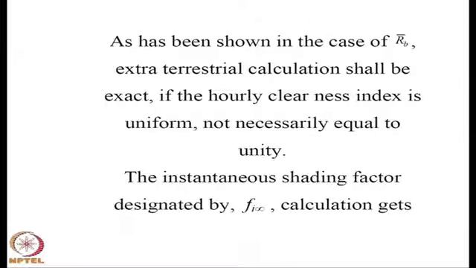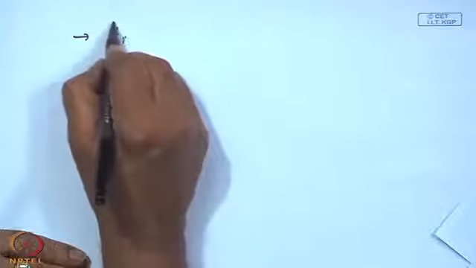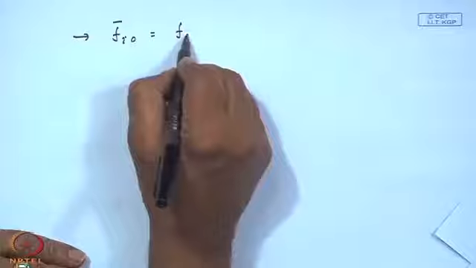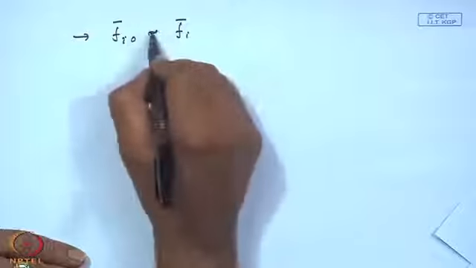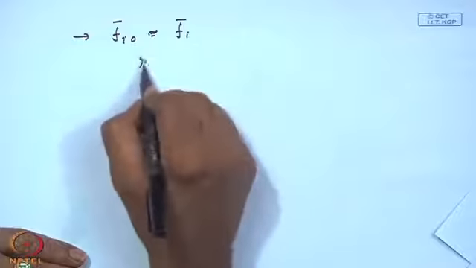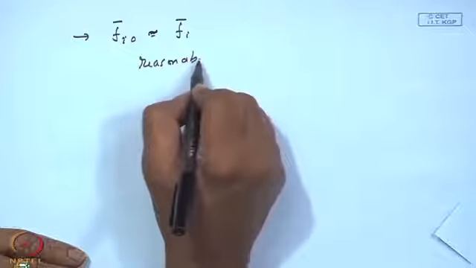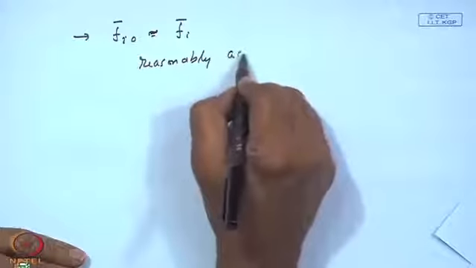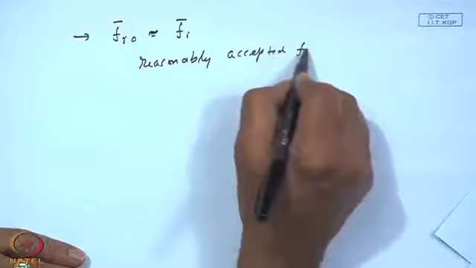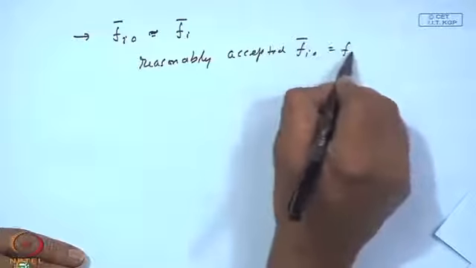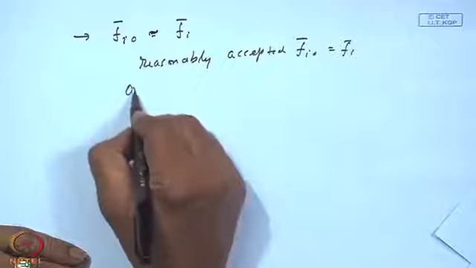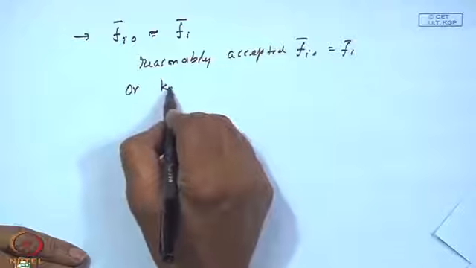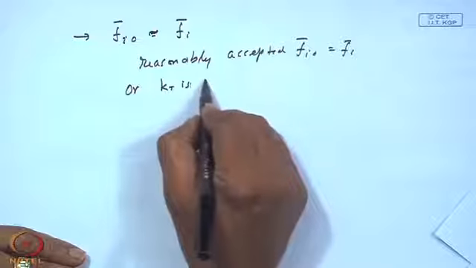Now, you can go through the same logic: Fi bar is approximately equal to Fi, reasonably accepted because of error being committed both in the numerator and the denominator, and your Kt is reasonably uniform.